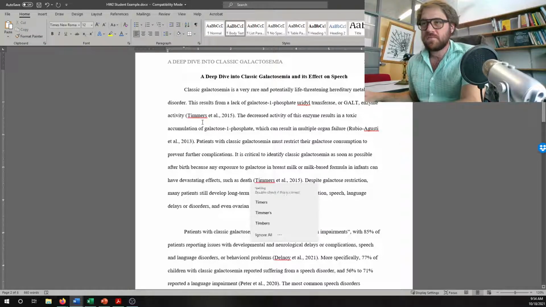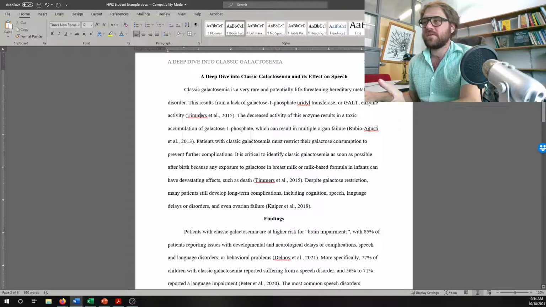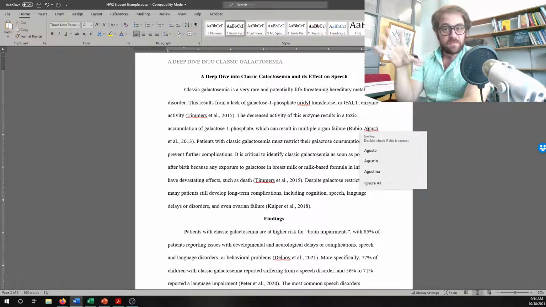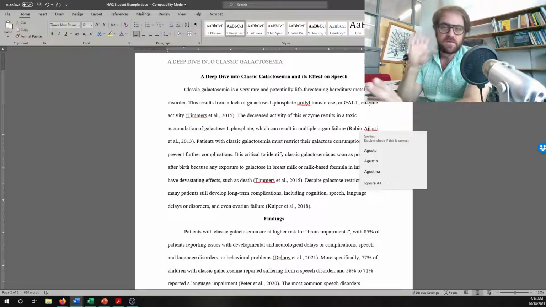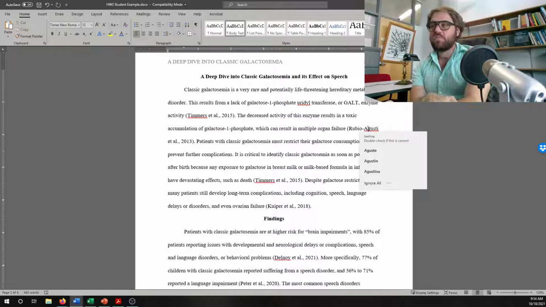You'll see Timmers comes up twice. You have to throw in the citation again if you have a different citation in the middle. So if you're citing a bunch of stuff by Timmers, you have 2 or 3 sentences that come from the same article. That's okay. You'd only have to throw in Timmers once, but because she's breaking it up with Rubio Augusti, then she has to cite Timmers again.